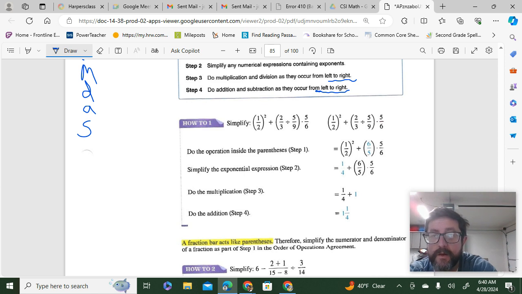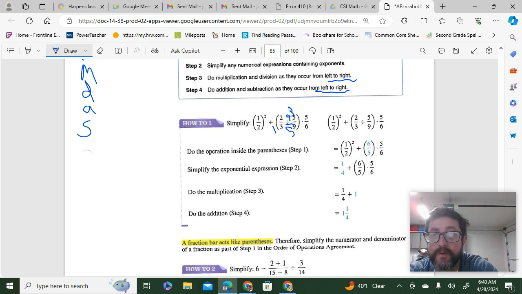We would take 5/9 and flip it to 9/5. Then we would take the 3 and the 9, which would go down. So the 9 would go into 3 times, and the 3 would go into 3 one time.